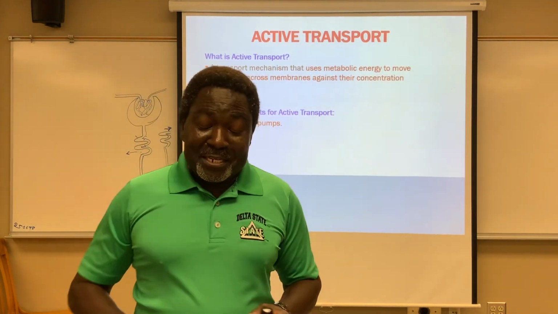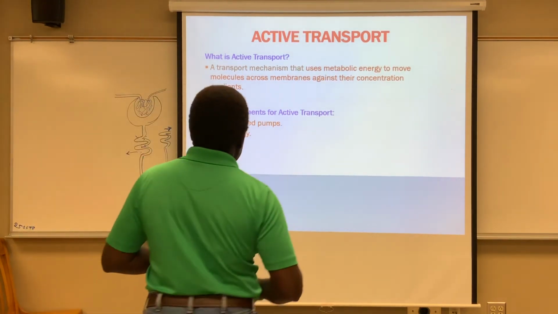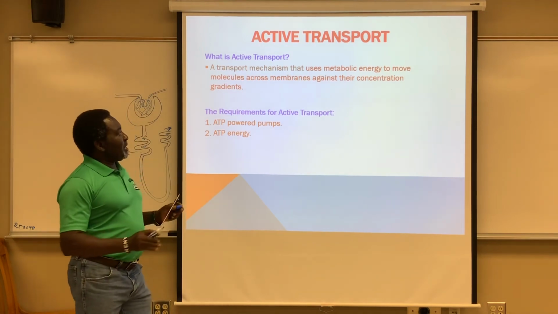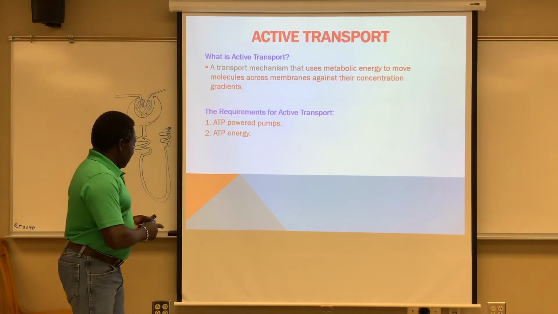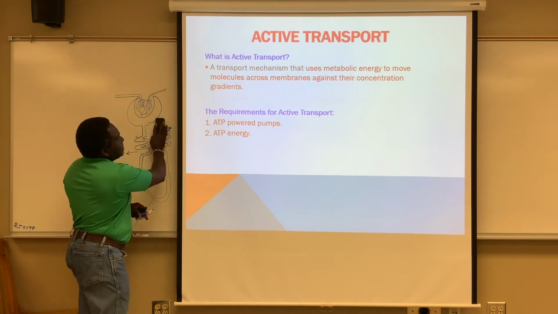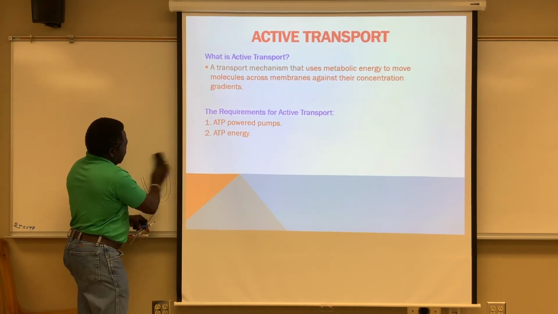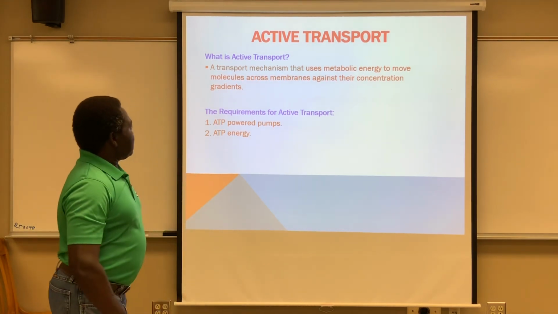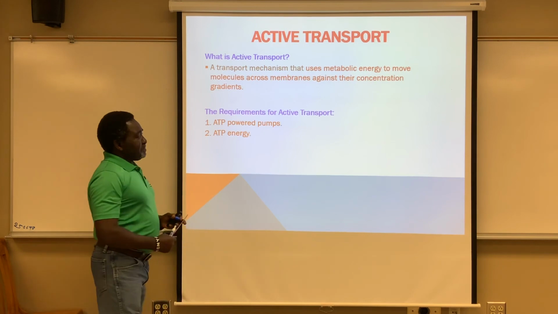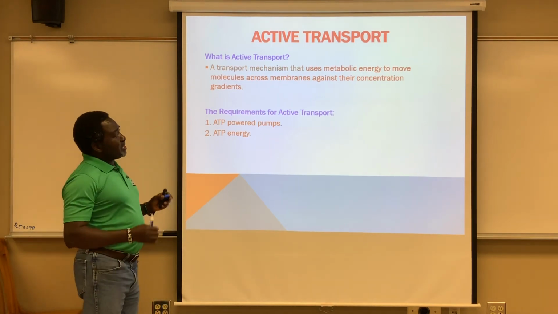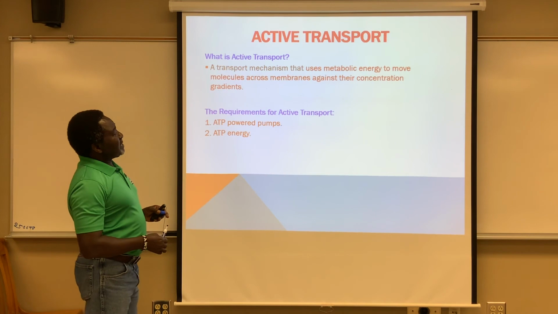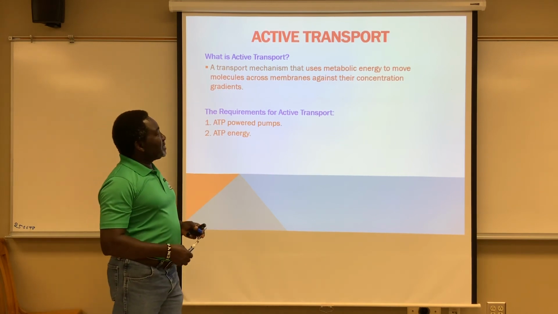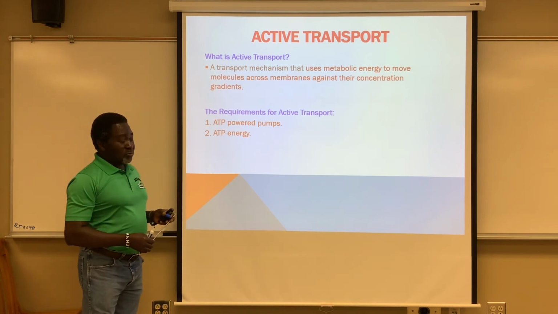We are now moving to active transport. All the transport mechanisms we have covered so far did not require any expenditure of cellular energy. So they were all passive transport processes. Let's look at active transport then. Defining active transport: essentially a transport mechanism that uses metabolic energy to move molecules across membranes against their concentration gradient.